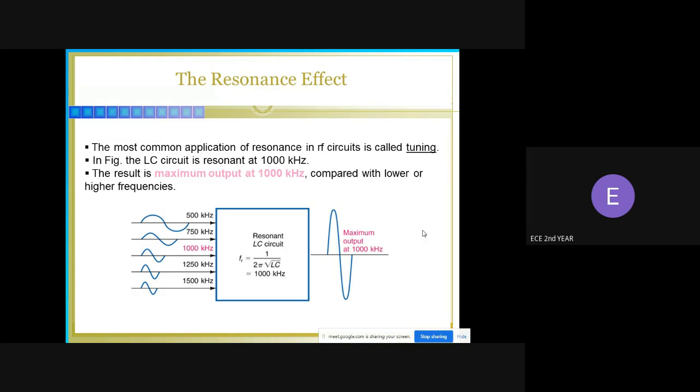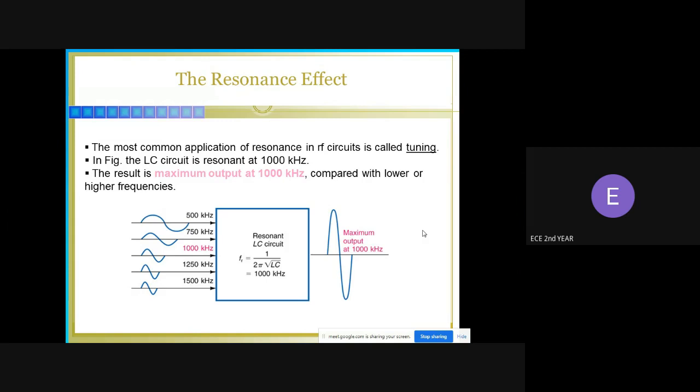With the help of this LC circuit, I can get the exact frequency by changing the values of inductor and capacitor. I can get the expected frequency, that is FR, the resonance frequency, which is 1 divided by 2 pi root of LC.